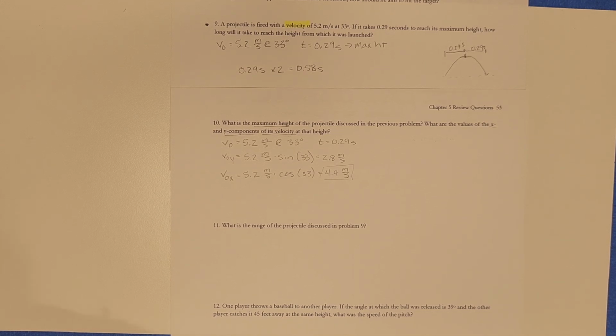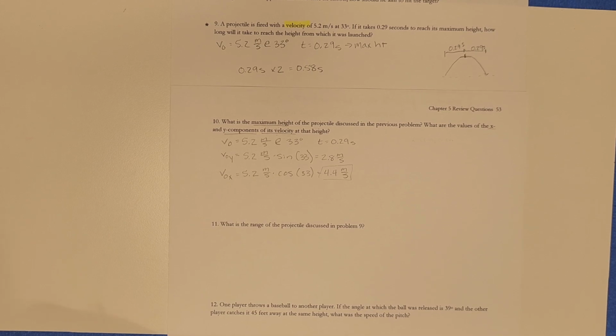Now there are at least two possible ways to do this problem, and very likely there might be other problems in this chapter that you've done a different way. And as Dr. Wile says in the book, if you got the same answer, then you're doing fine. You just found a different way to do it, and that's fine. There are multiple ways to do a lot of these problems.